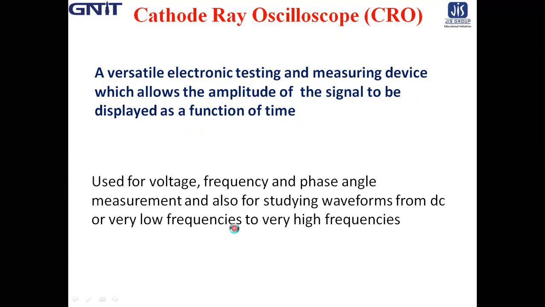It is used for voltage, frequency and phase angle measurement, and also for studying waveforms from DC or very low frequencies to very high frequencies. It is widely used for troubleshooting of radio and television receivers.